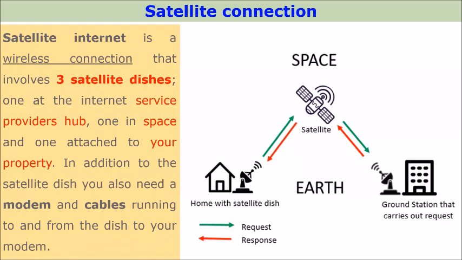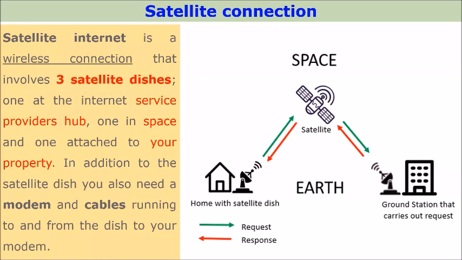Especially here, no need to use any cables. They are using signals to provide the internet services. Therefore, there are some places humans can't reach. It is easy using this type of satellite connection, they can get connected to the internet.